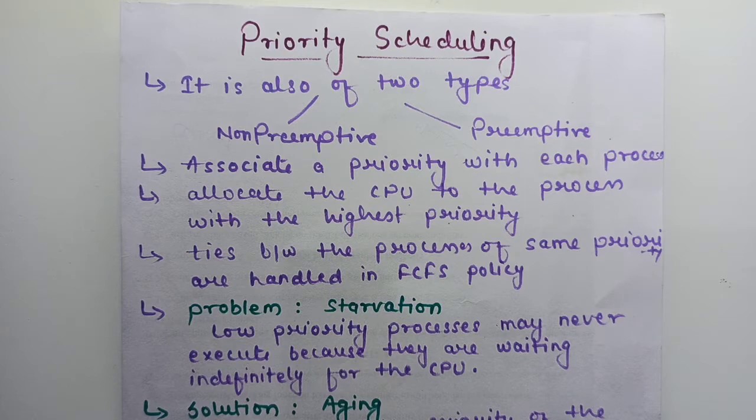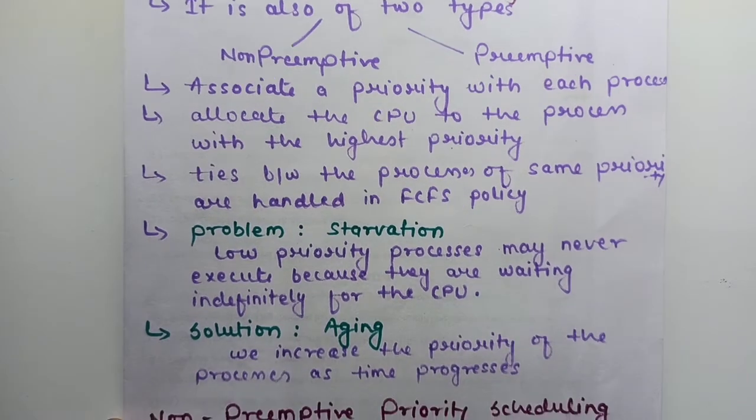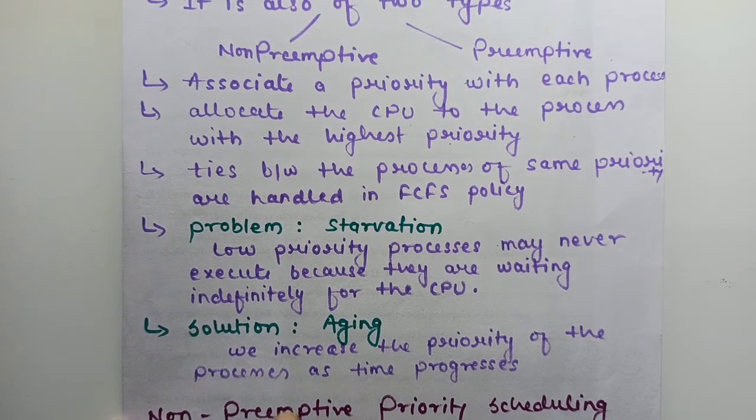So what about those lower priority processes? They will be lower always. Is there any criteria to increase their priority? So there is a solution, that is known as aging. As time progresses, we increase the priority of the processes, and it is known as aging.